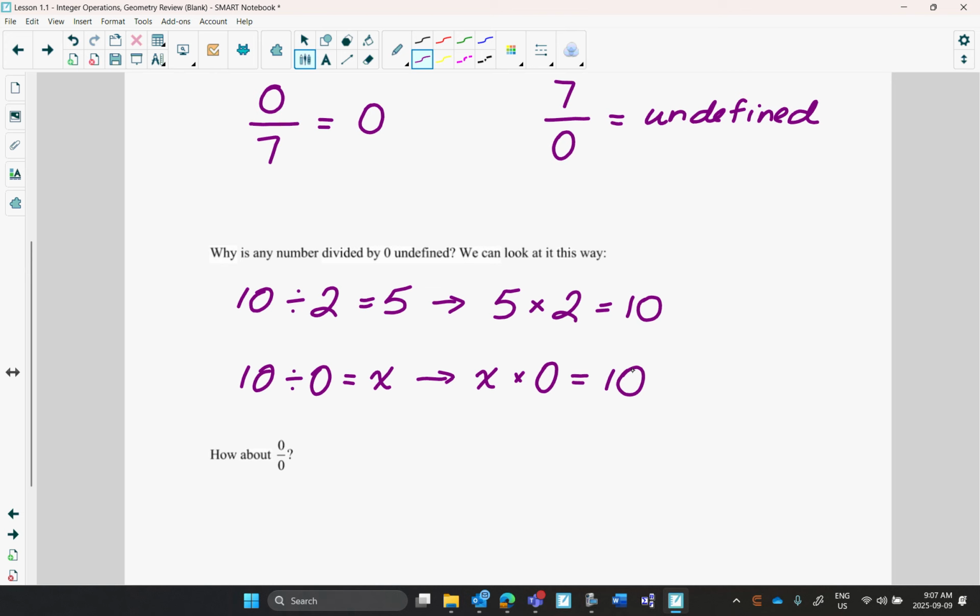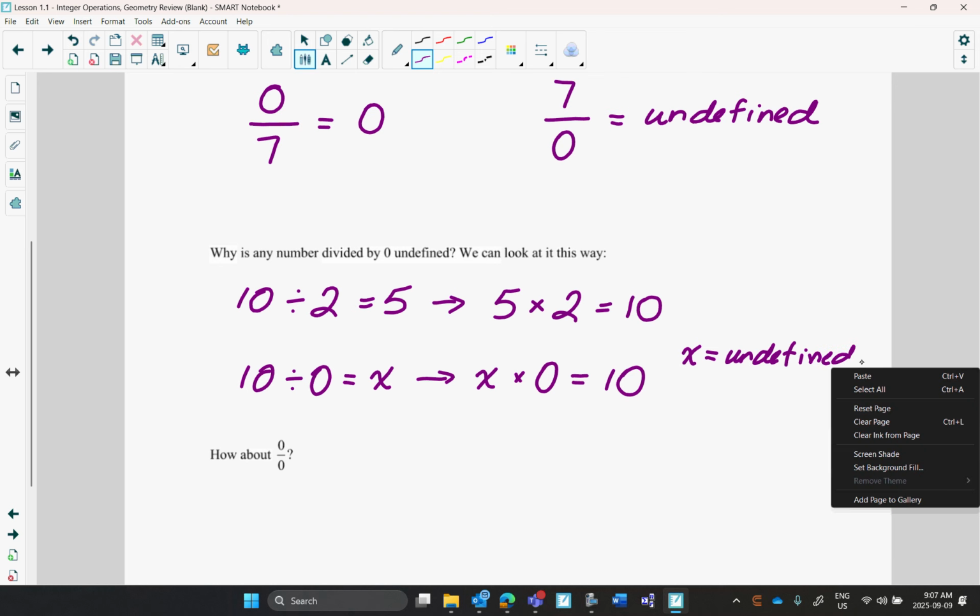This is how we work backwards from division. But what number times 0 is 10? There is no such number. So we just simply say it's undefined. There is none. So right beside Julia, there's something on the board there. Friends don't let friends divide by 0.